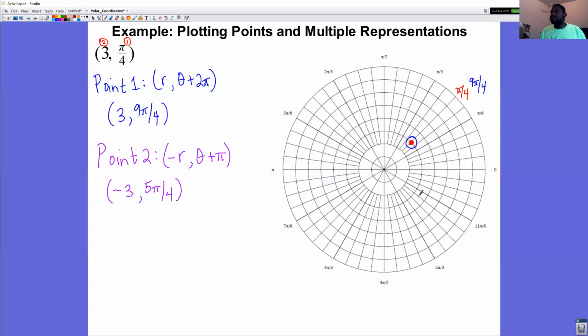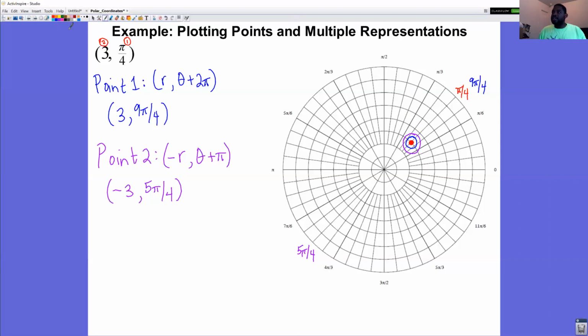So we're going to go to 5 pi over 4, which is in quadrant 3. So I'm going to put 5 pi over 4 here. But r is negative. So this value of r says you're going to go 3 units in the opposite direction. Normally, if that was positive, we'd go 3 units here to pi over 4. But since r is negative, you go in the opposite direction, which puts you right back up here. So it's the same exact point.